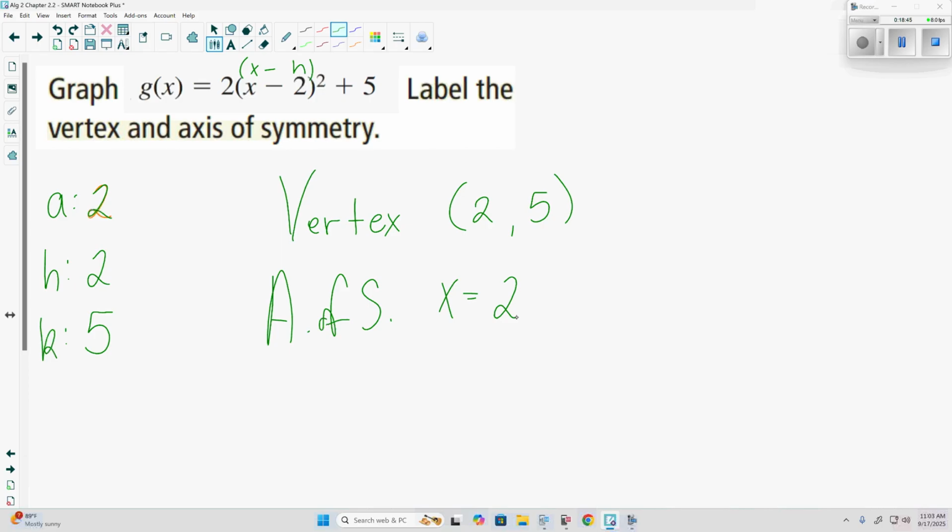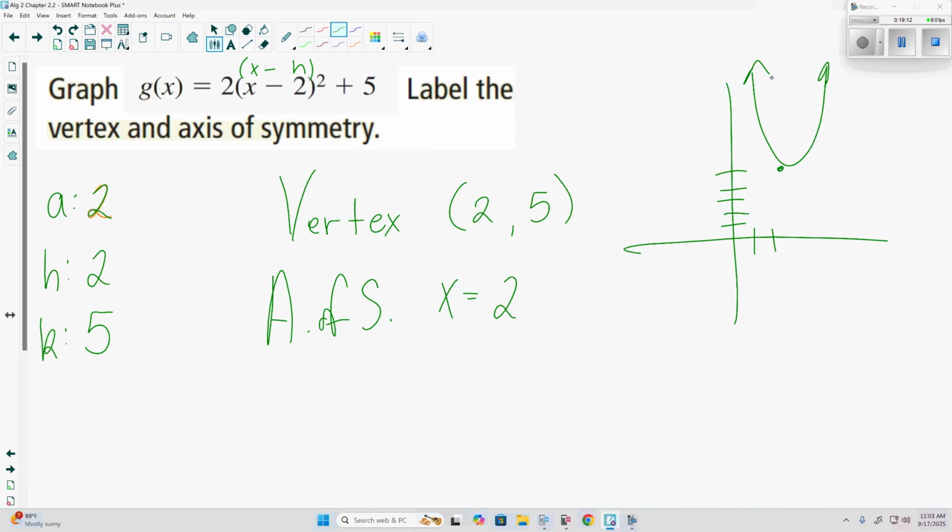Questions on this here? So even with this here, we know that the vertex is the point 2, 5. Axis of symmetry, x equals 2 is going to cut it in half. Value of a is positive, so it should open up. Yes? So it should look something like this here, yes?